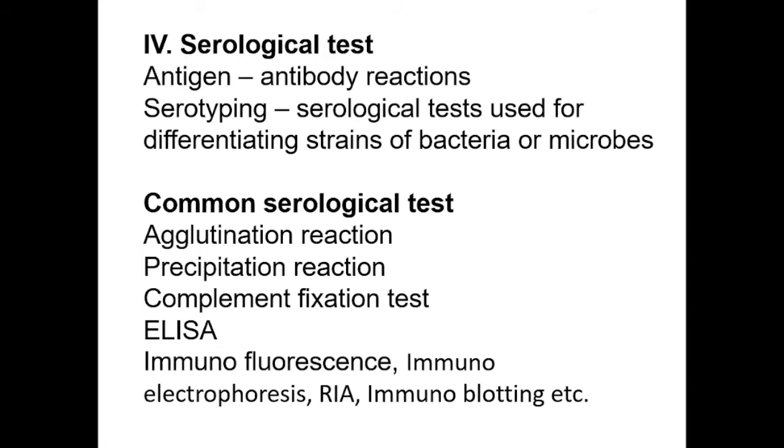Such organisms can also be identified by this serological method. So this method is very specific and highly rapid. Even within hours we can identify an antigen. Here the antigen is the bacteria or microorganism, with the specific antibodies. We can identify them very easily and rapidly.